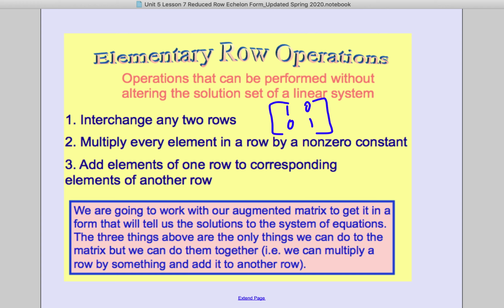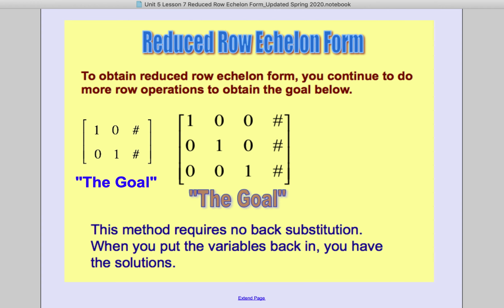Okay, so let's go ahead. Reduced row echelon form. So what is it? You're going to take a system of equations and make a matrix. It's going to be a 2 by 3 if it's a system of two equations. Then your goal is to change those elements to 1, 0, 0, 1, which is the identity.